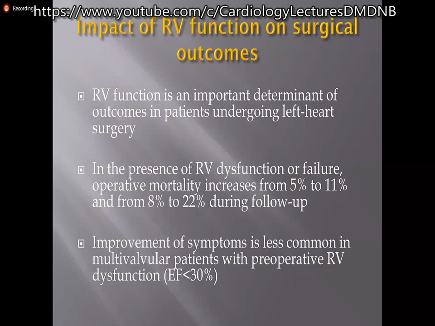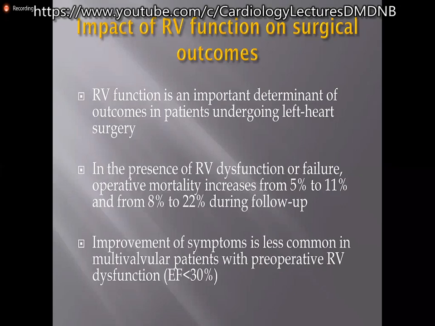In the presence of RV dysfunction or RV failure, operative mortality increases from 5 to 11%, and from 8 to 22% during follow-up. So operative mortality is high, and follow-up mortality is also high. That's the reason it is as important to mention RV function as we mention LV function.